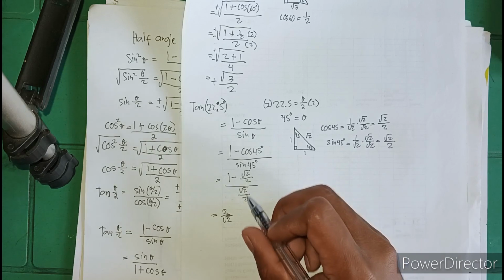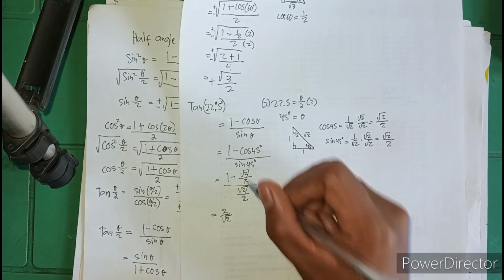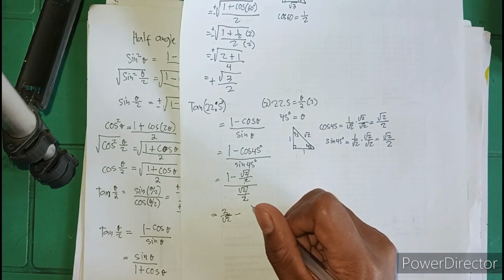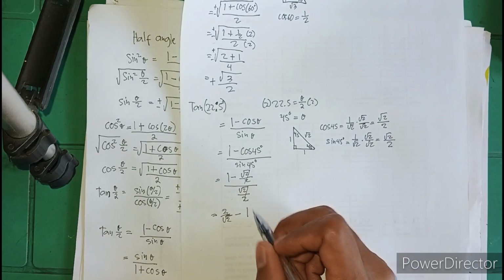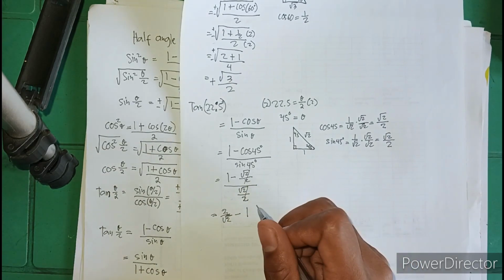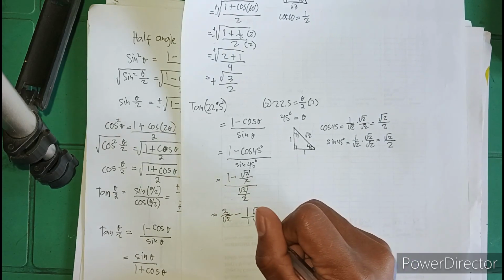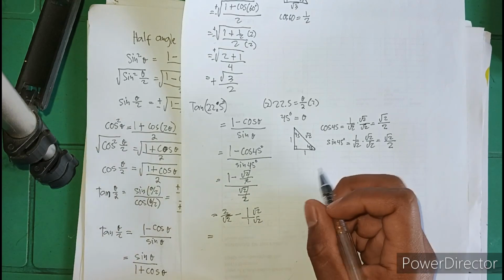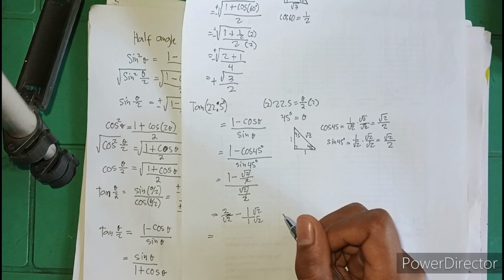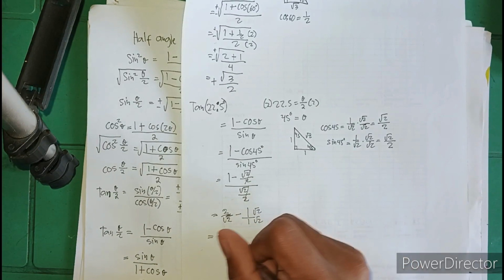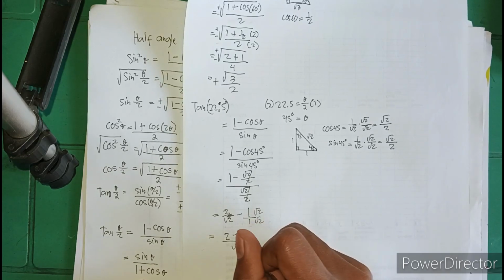Then if we divide this one here, we can cancel out, so we'll leave 2 over the square root of 2 minus 1. So we multiply by the square root of 2 to get the common factor, so we'll now get 2 minus the square root of 2 over the square root of 2.